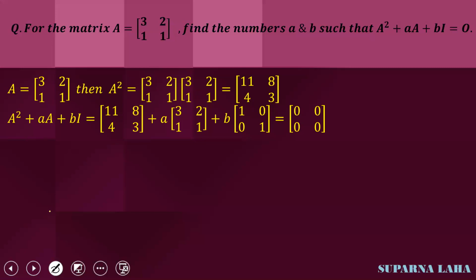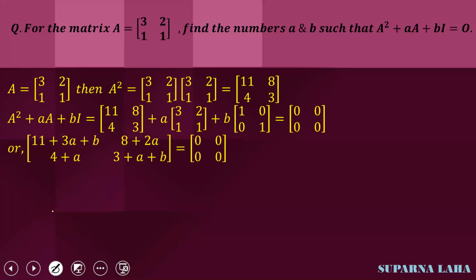So now just add this, you will find 11 plus 3a plus b, and the second element is 8 plus 2a, and then 4 plus a, and then 3 plus a plus b is equal to null. So from the equation 4 plus a, you can easily find the value of a.